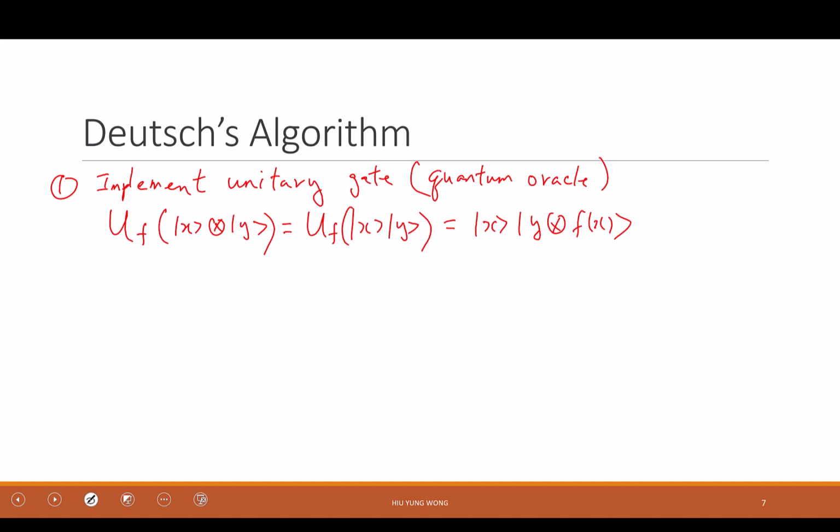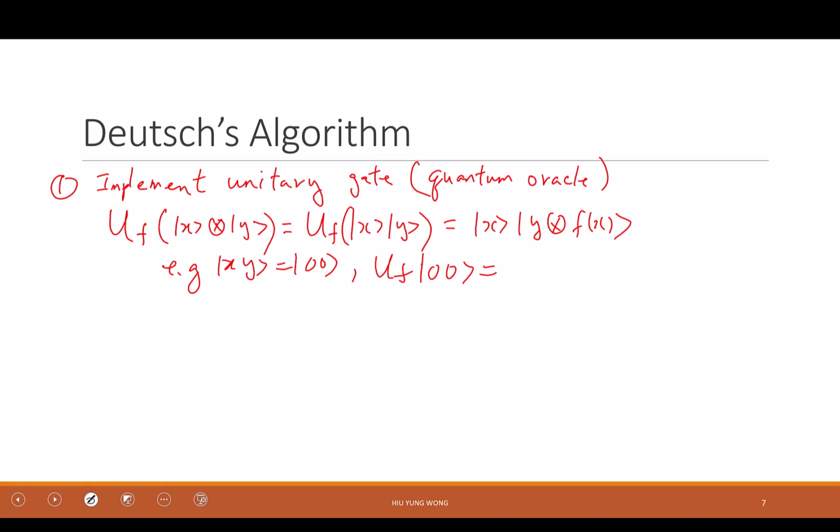Let's check. For example, if xy equals 0, 0, I apply this to xy, what do I get? Anyone? I apply it to 0, 0, right? xy equals 0, 0. So 0, 0, what do you get?